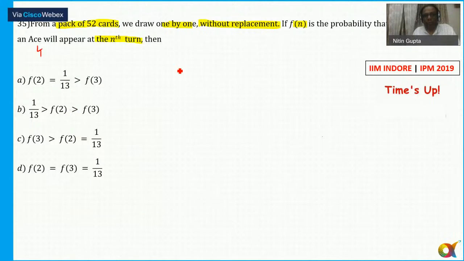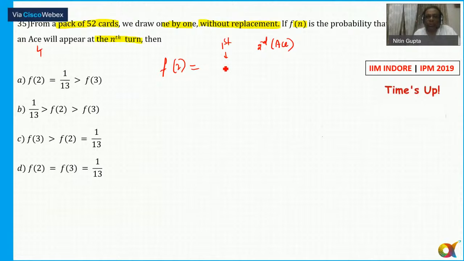So F2 means what? F2 is the probability that an ace will appear at the second turn. So there are two turns, first and the second. How many cards are there? Total 52 cards. Out of 52 cards, 4 of them are aces. So in the first case, I'm not getting an ace.